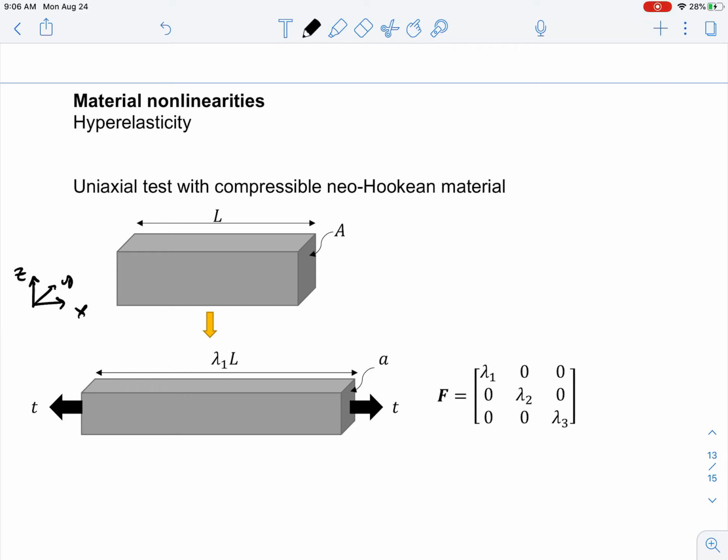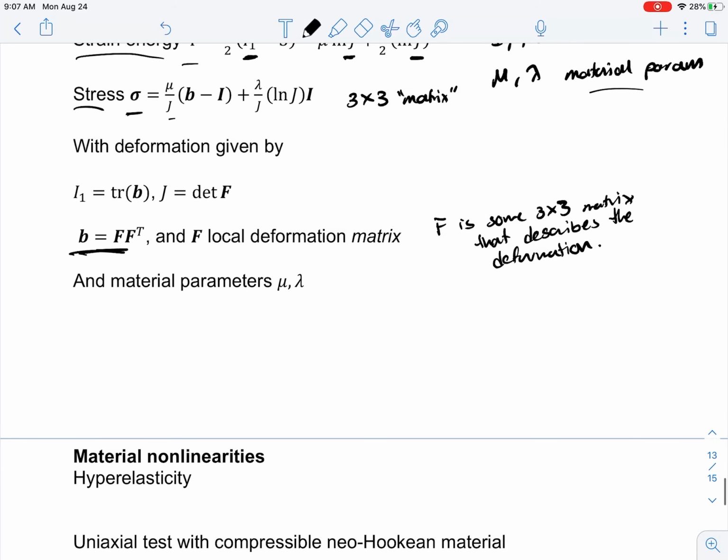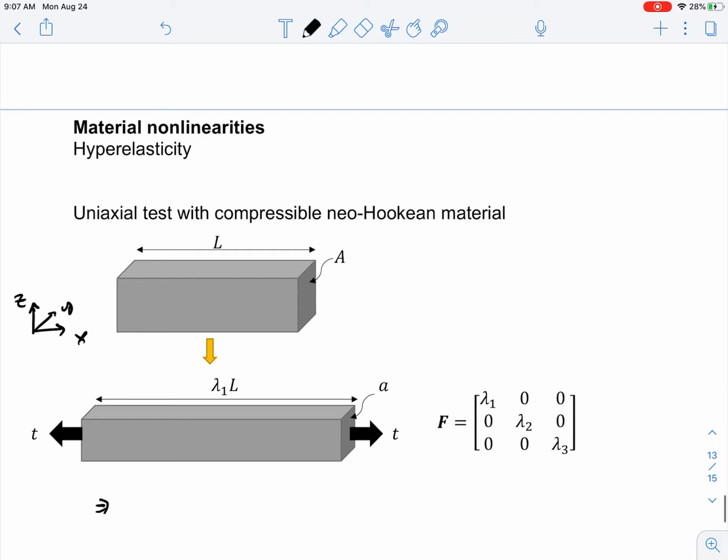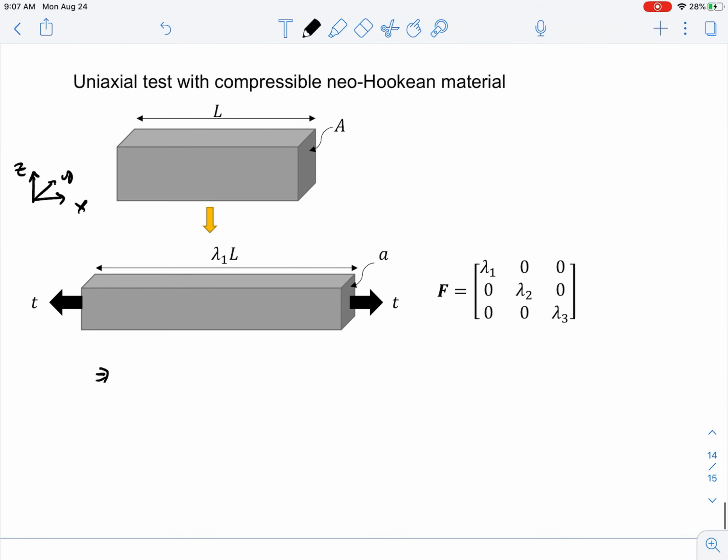And so if you want to evaluate the stress in this case, you see that the stress needs this B matrix and also needs the Jacobian, right? So let's evaluate the B matrix.